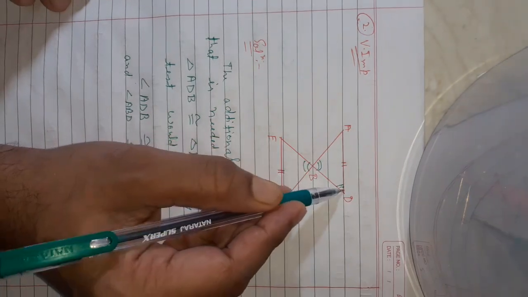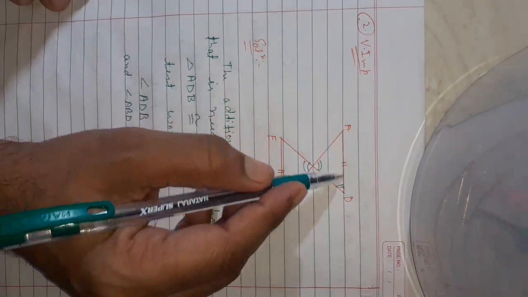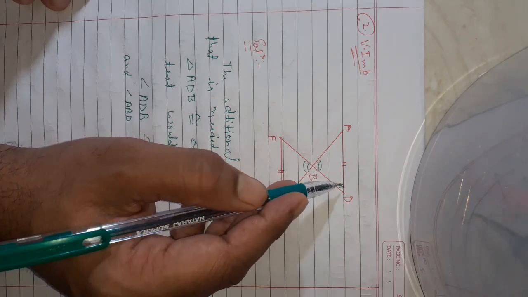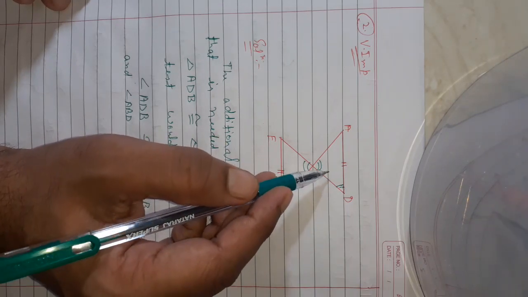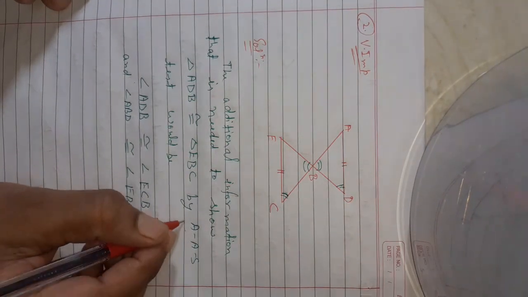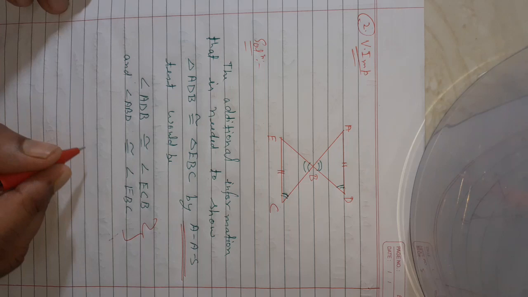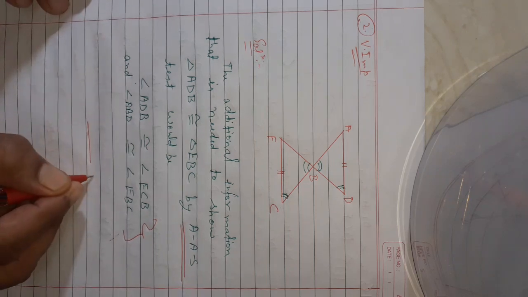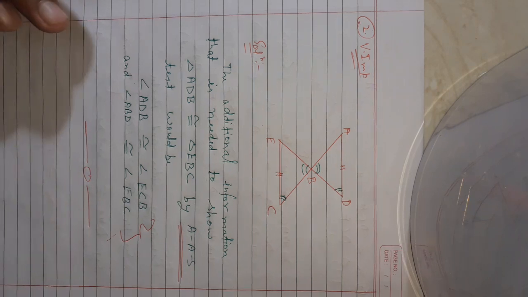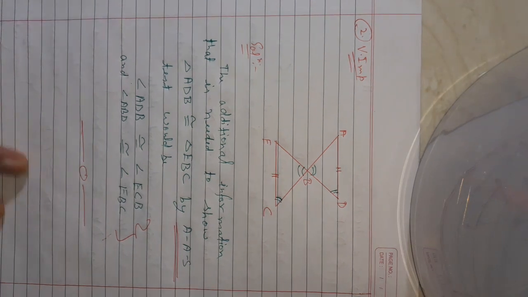This angle equals this angle, this angle equals this angle, and this side is already given. So by AAS test it will be completed. So this exercise, this full practice set, and this chapter are completed.